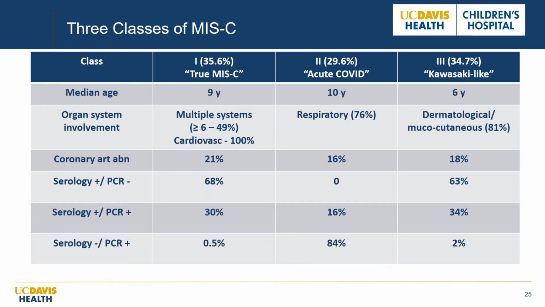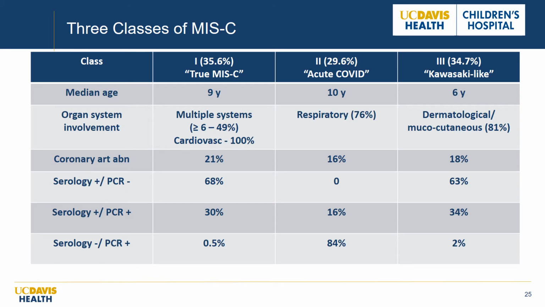So about half of them have had 6 or more systems involved, and all of them had cardiovascular involvement, with about 21% of them having coronary artery abnormalities. And then the majority of them have had positive serology. So 68% had positive serology but a negative PCR, and 30% of them had positive serology as well as a positive PCR. So these patients really seem to fit best with what we think about as MIS-C.